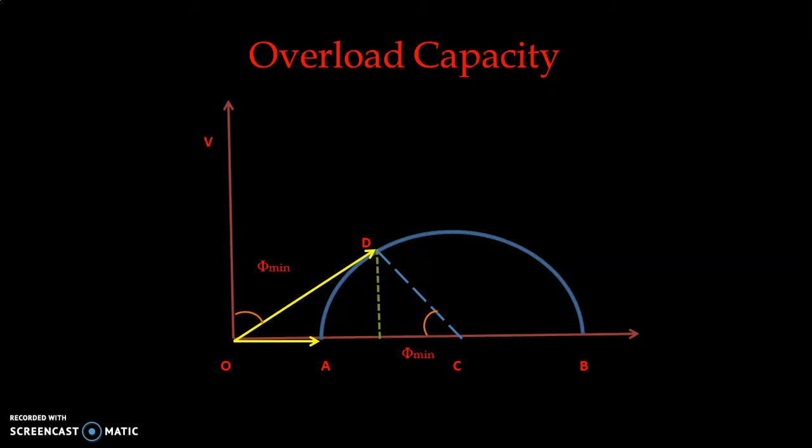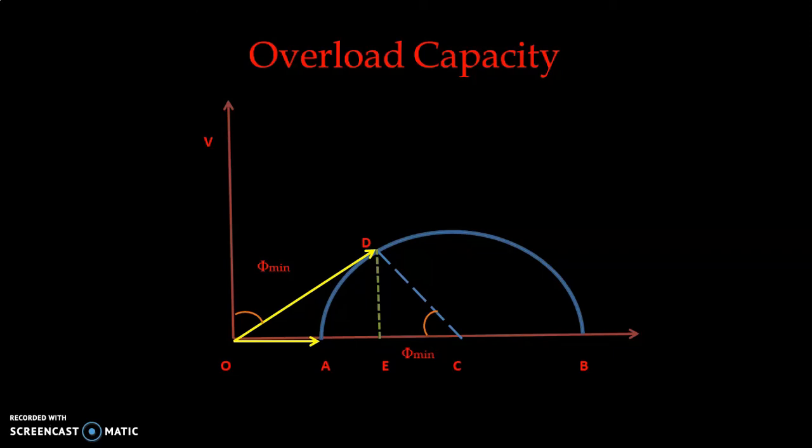Our full load current line is OD, and if we draw a line DE perpendicular to OB, then it indicates our maximum power with respect to full load current, or full load output power.